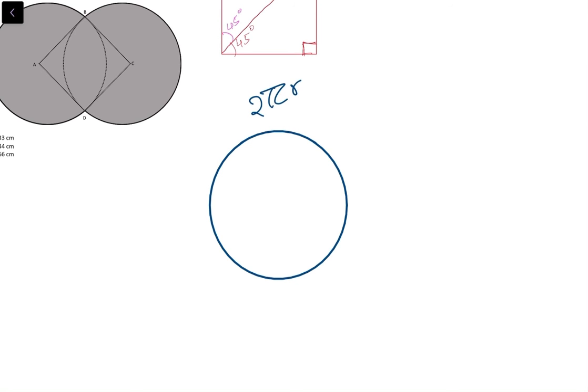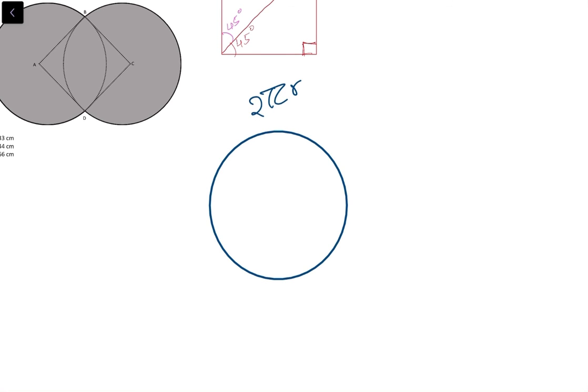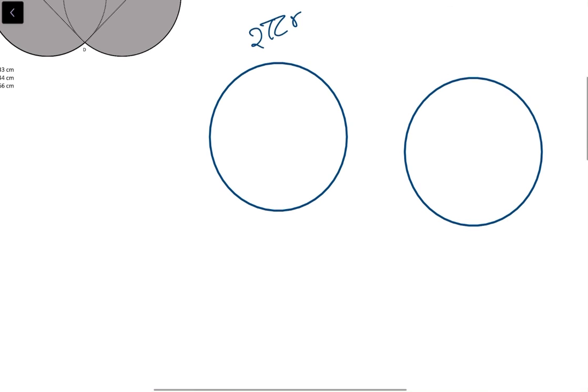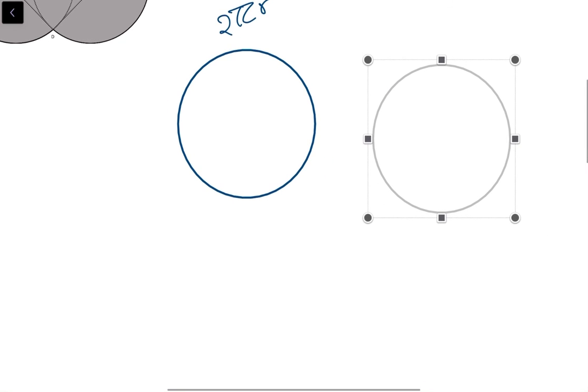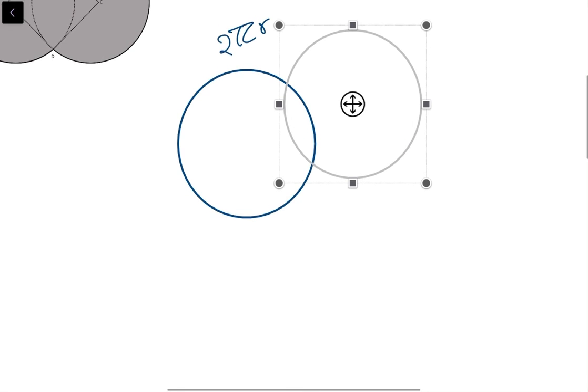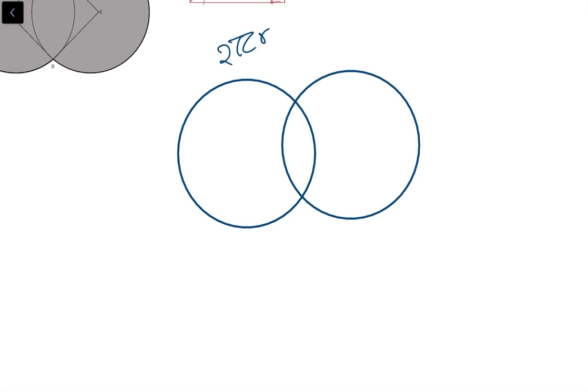But now if I duplicate this circle and I overlap both of them, like this, then what would be the perimeter?